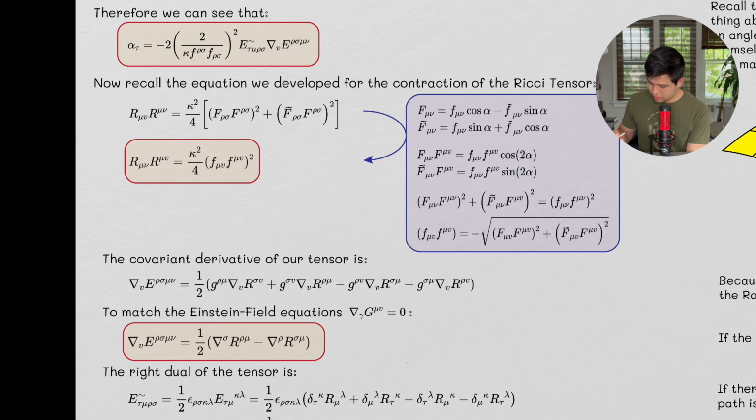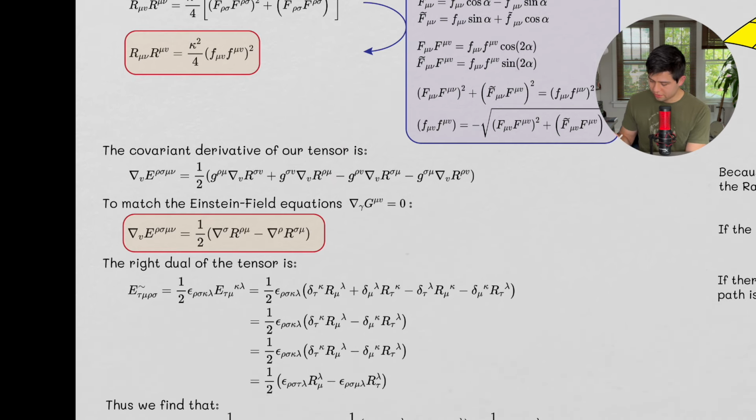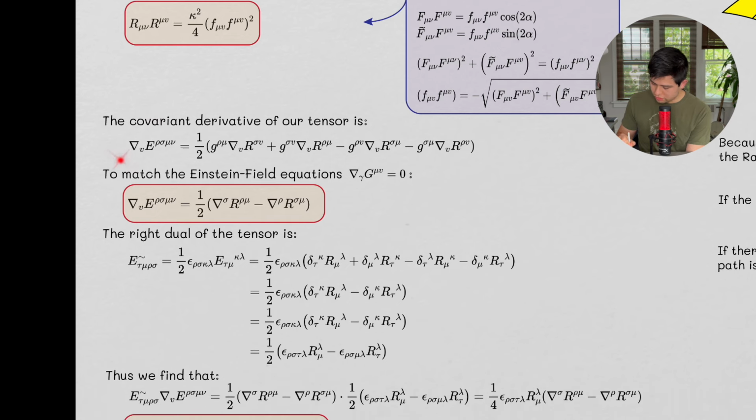All right. So now the covariant derivative of our tensor, going back to our earlier video on the decomposition process, we just take the derivatives now of every term.